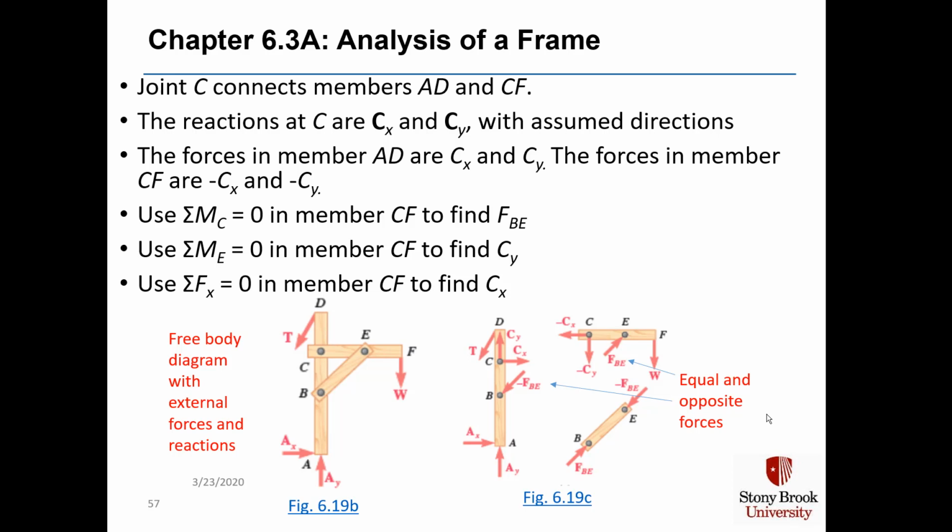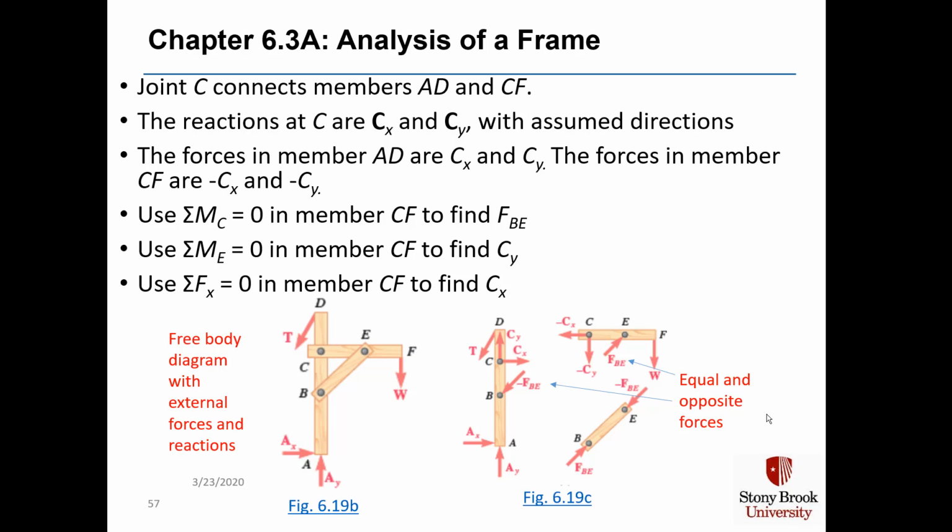We can sum the moments around point C and set that to 0 in member CF, and that will allow us to find F sub BE. And we can sum the moments around point E in member CF, and we can find C sub y. Once we know F sub BE, we can sum the forces in X equal to 0 in member CF to find C sub x.